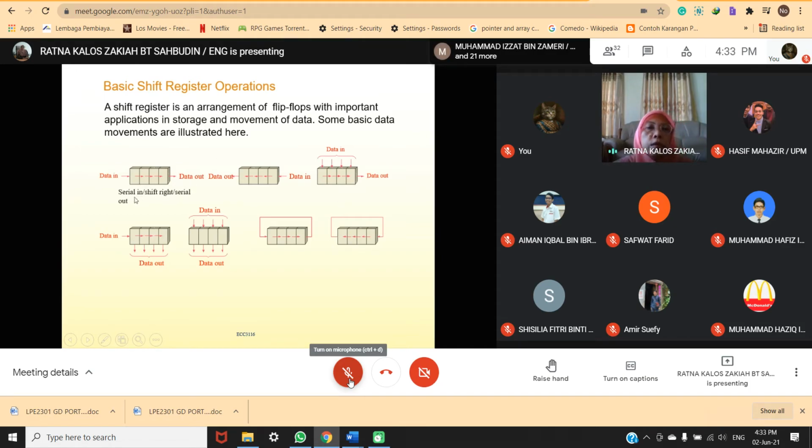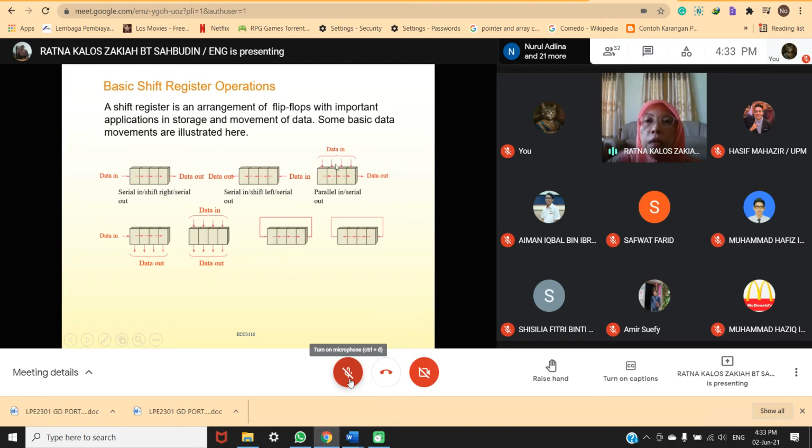The first one is serial in, shift right, and then serial out. Second one is serial in, shift left, and then serial out. Then you have another one, parallel in, serial out.